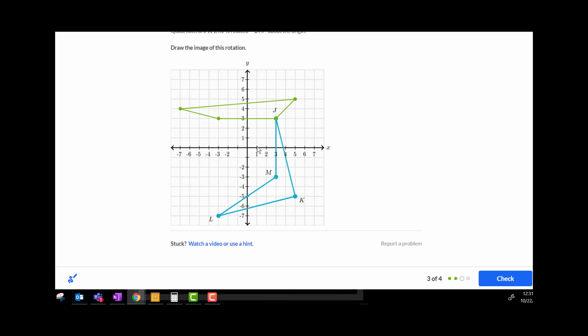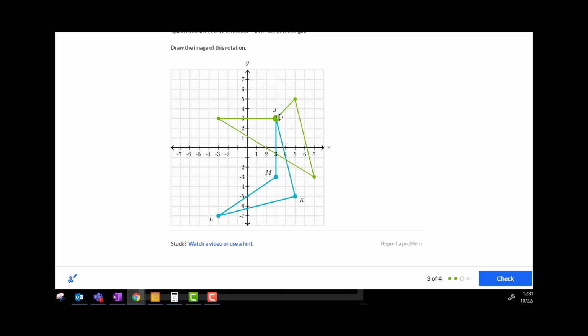So L prime. L prime is negative 3, negative 7. We're going to flip 7, negative 3. This isn't looking like the same shape, so I've messed up somewhere. So J moves, and that should be there. Okay, so this is J prime.